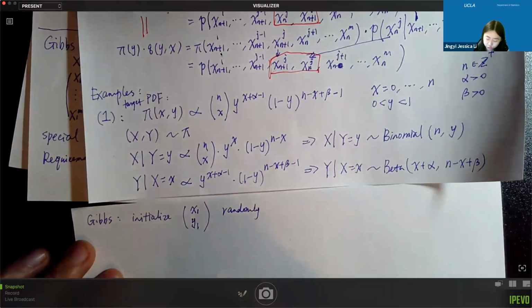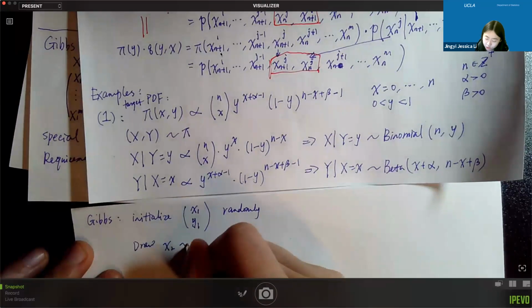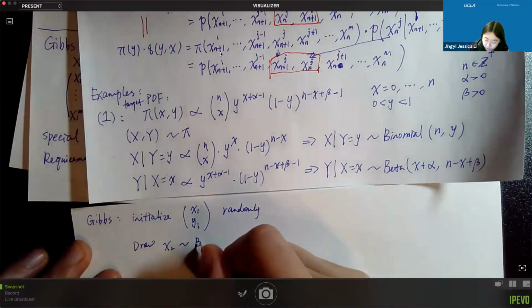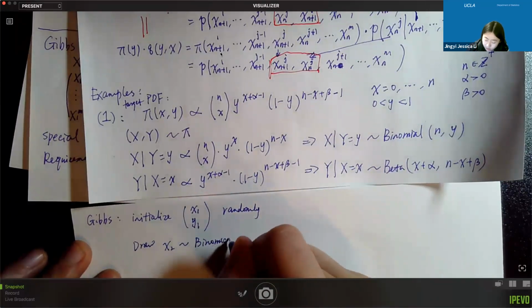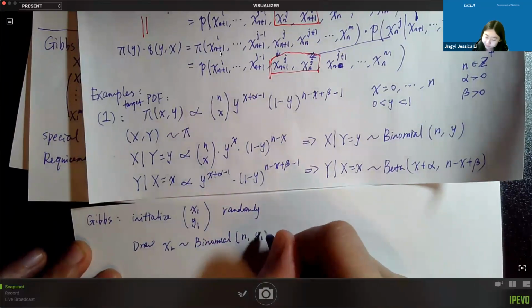And then we draw x2 from this binomial distribution with total n, and y set to y1.